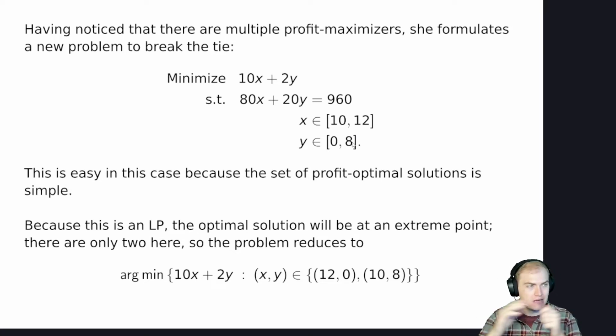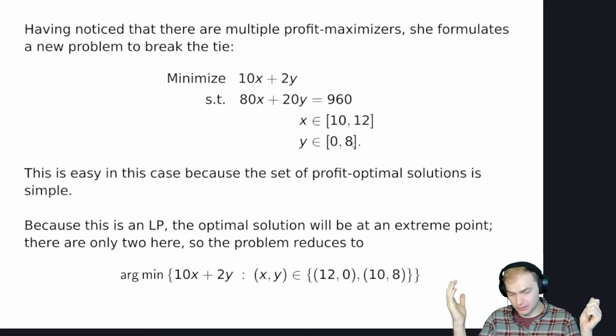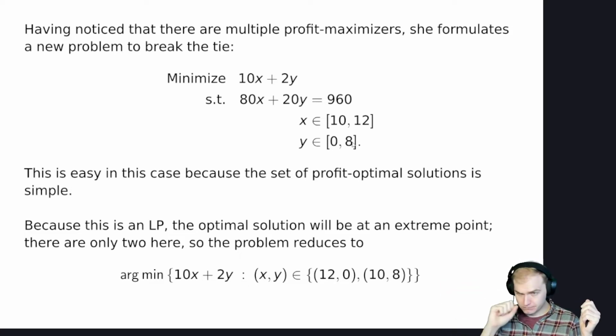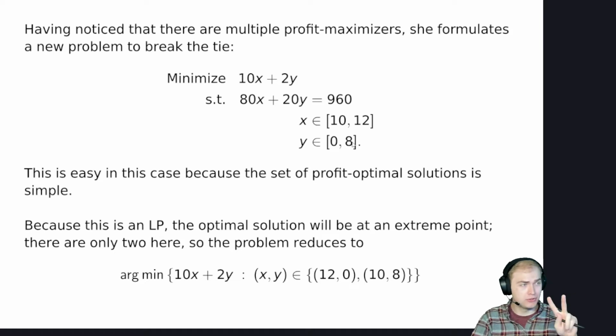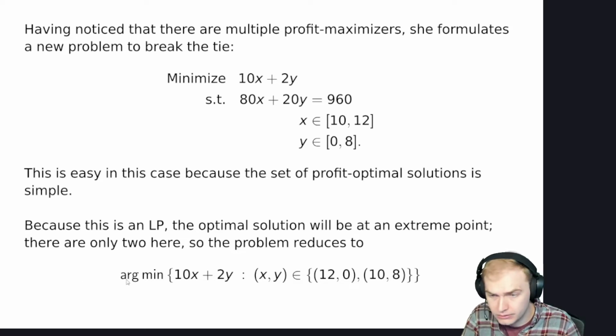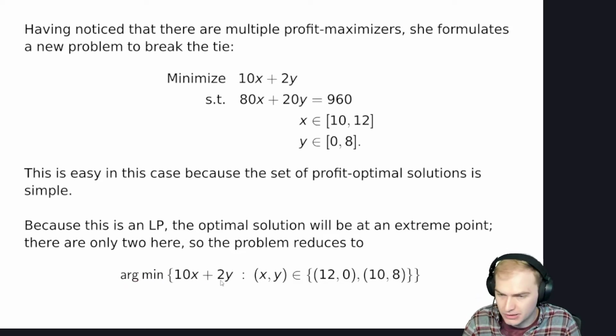Since this is an LP, the optimal solution will be an extreme point of our polyhedron. In this case, our polyhedron is just a line segment, so there are only two extreme points. So we can just compare the two with an argmin.